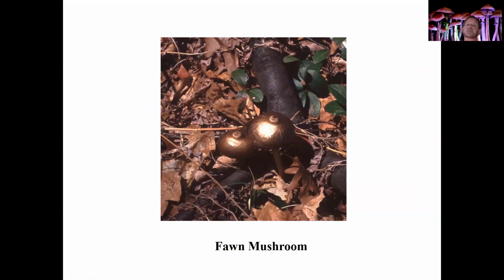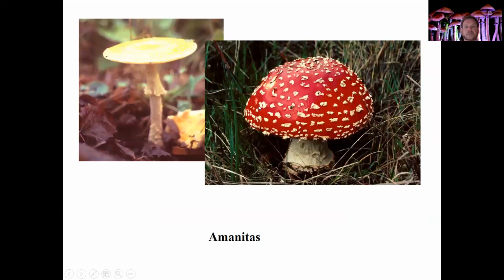And just to add some interesting mushrooms that are around, there are all kinds of colors, like the psilocybins behind me, or the fawn mushroom with golden color, the deadly amanitas, which come in different forms, but all have this veil and a bulbous subterranean thing called the volva.